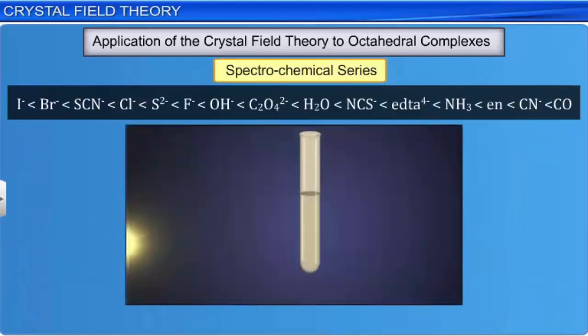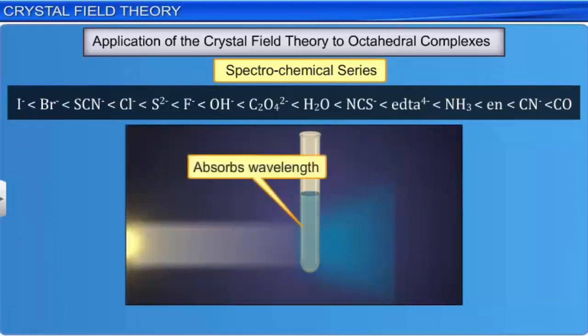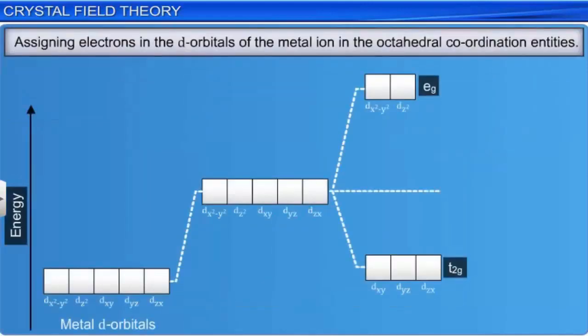Due to crystal field splitting, the energy of the Eg orbitals will increase by 3/5 delta O, while that of the T2g orbitals will decrease by 2/5 of delta O. The magnitude of crystal field splitting depends upon the field strength of the ligand and the charge on the metal ion.